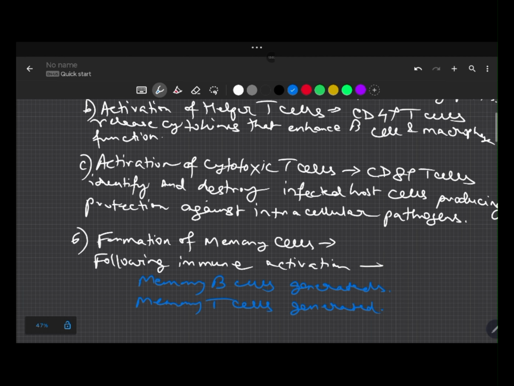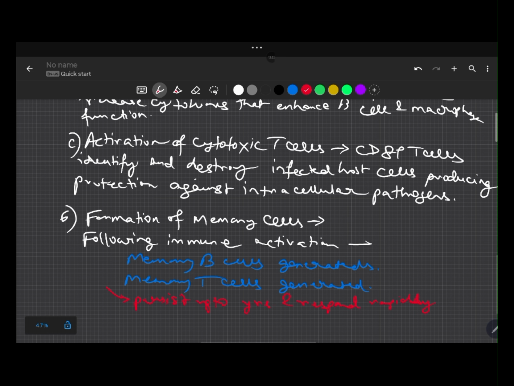These cells can persist up to years and respond rapidly upon future exposure to the same pathogen.